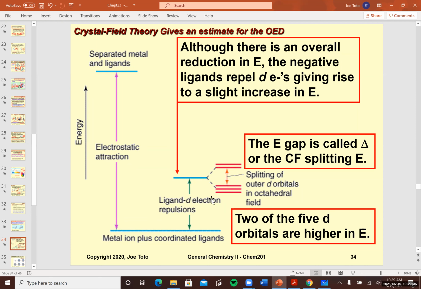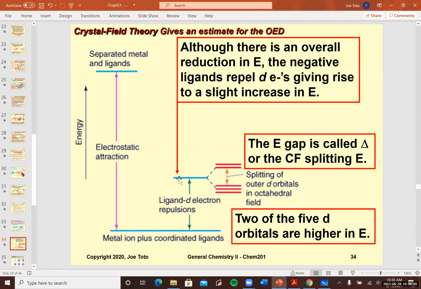And the theory for crystal field theory is that those 5 d electron orbitals are repelled. The electrons in those d orbitals are repelled with the incoming electrons from the lone pair. So there's a rise in the energy of the d orbitals, okay?